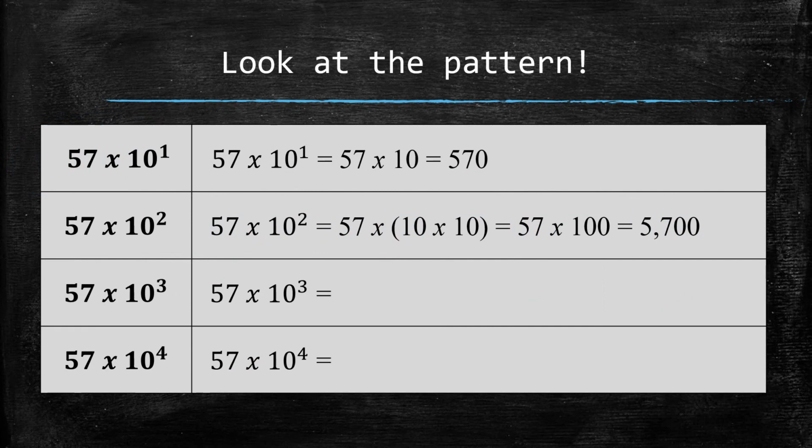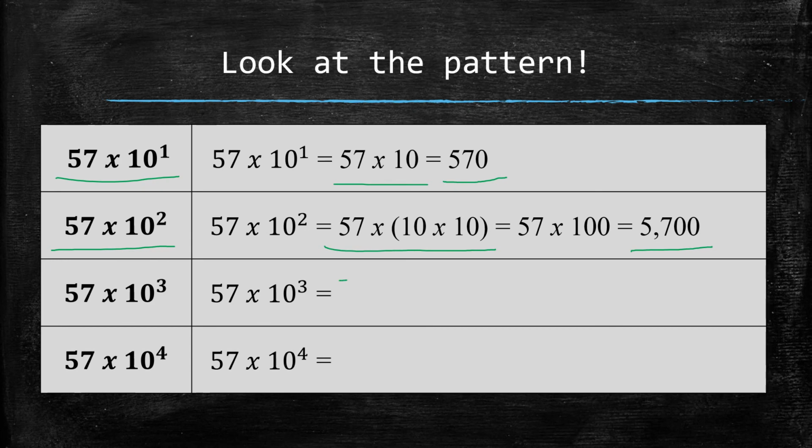You're probably starting to see a lot of patterns. So for instance, 57 times 10 to the first power is 57 times 10, which equals 570. 57 times 10 to the second power is 57 times 10 times 10, which gives you a product of 5,700.